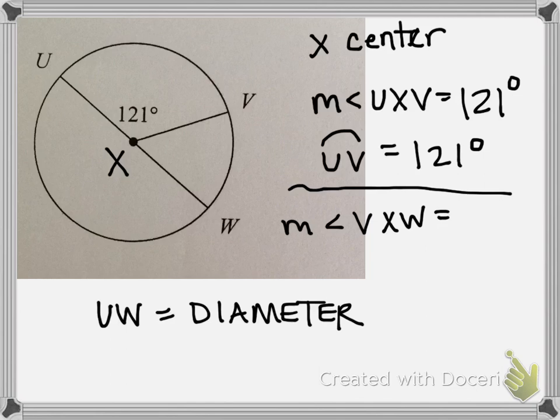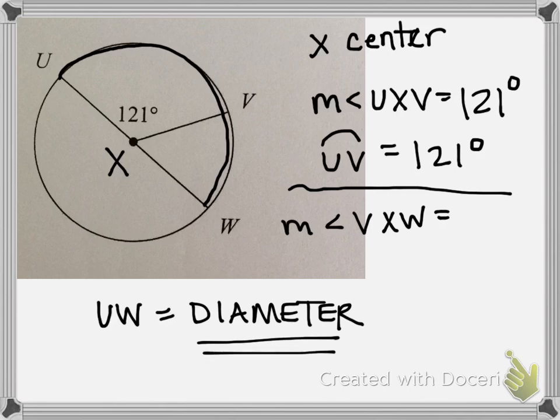So UVW would be a semicircle. This would be 180 degrees, and the other half, U to W, would be 180 degrees. That's really important to watch for those diameters. They will help you a lot.